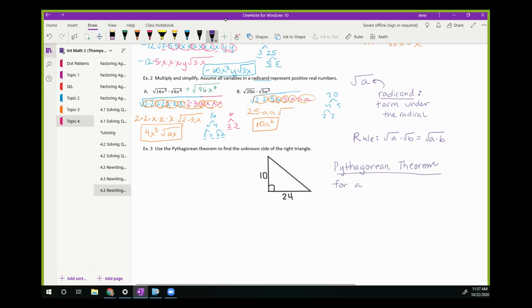For a right triangle, a squared plus b squared equals c squared, where a and b are lengths of legs, and c is the length of the hypotenuse.